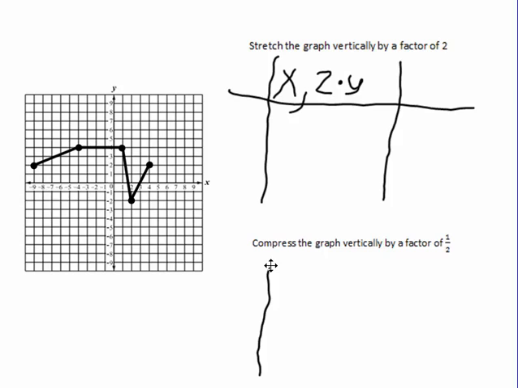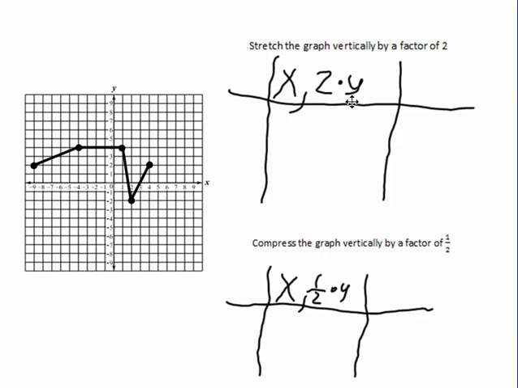And here I'm going to compress vertically by a factor of 1/2. Again, vertical changes do not affect my x values, they do affect my y values. So here I'm going to multiply all my y values by 1/2, so 1/2 times y.